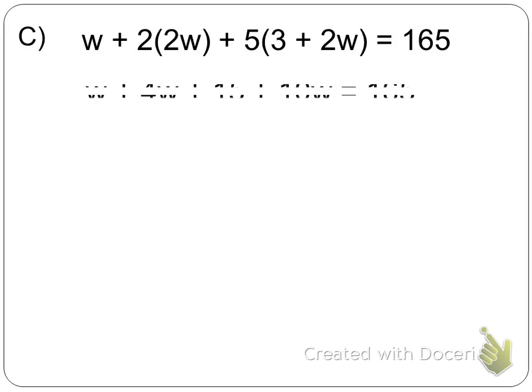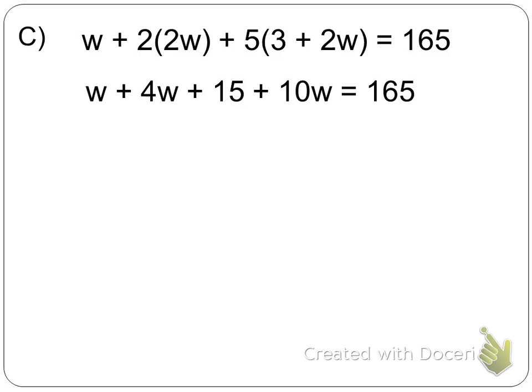All right, so you can go ahead and multiply those out. 2 times 2W is 4W. And for the 5, you have to distribute it. 5 times 3 is 15. 5 times 2W is 10W. And that equals 165. All right, combine like terms.